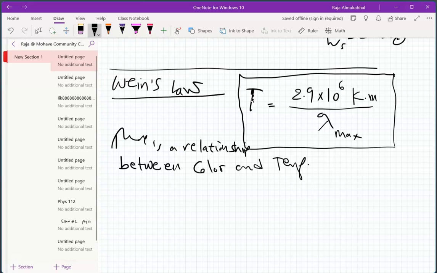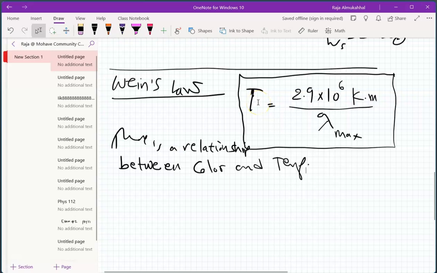I don't know if you ever noticed this, but for example, in a wood fire, the color of the flame is roughly reddish, orangish, right? Whereas the color of the flame on your stove in the kitchen is blue. And you know blue flame is hotter, just from personal experience, than an orange flame. And that's basically what Wien's law is. Another way of saying it is that the shorter the wavelength, the hotter the object.